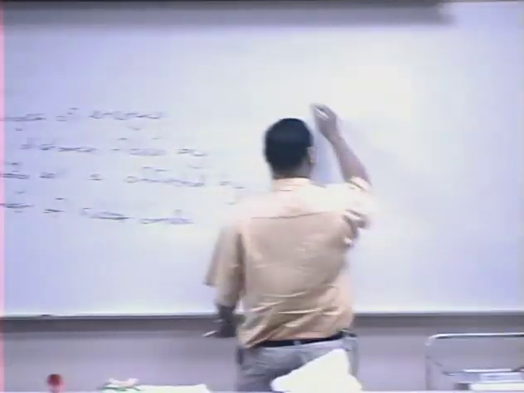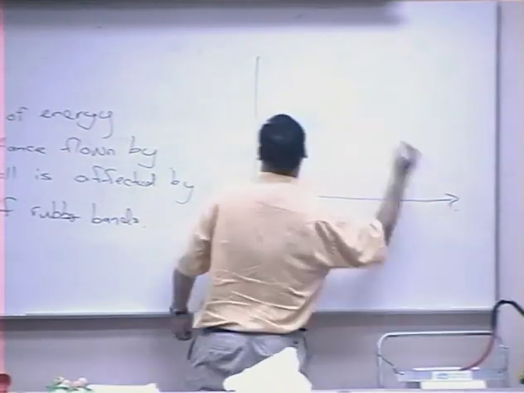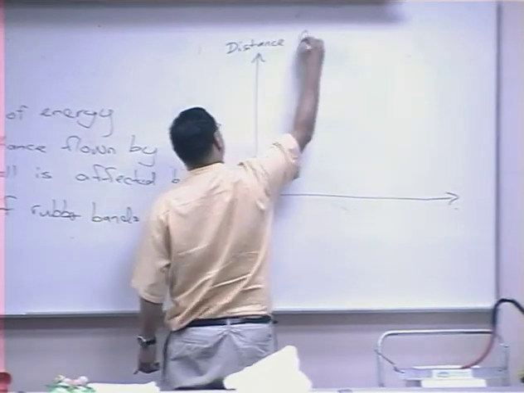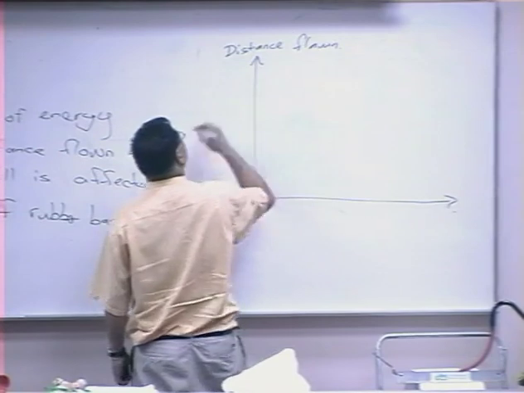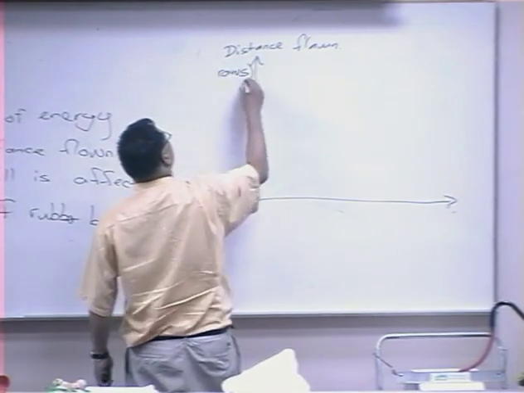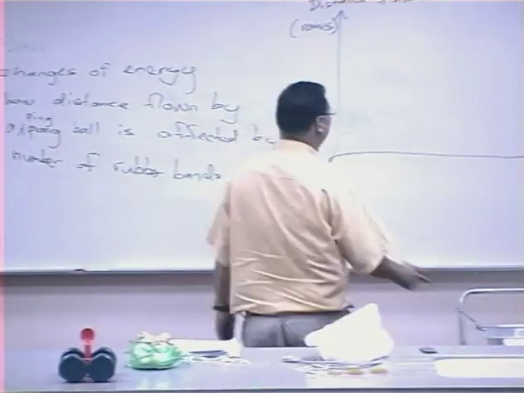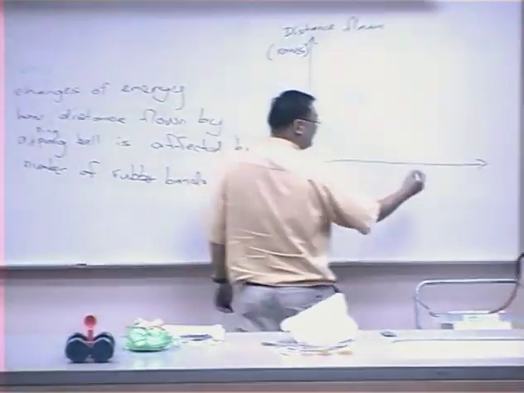Okay, we will need this graph. We'll take the rows to be the units of distance, rows from the counter.